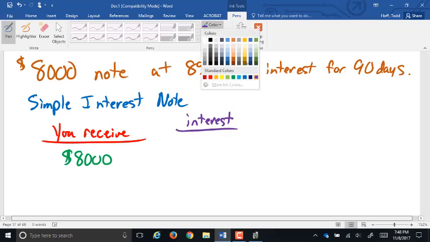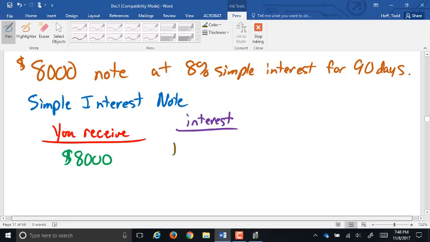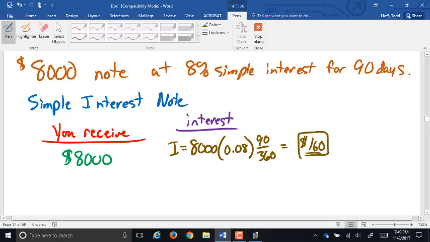There's interest figured in. I equals 8,000 times 0.08 times 90 over 360, which is 160 bucks. $160 in interest.